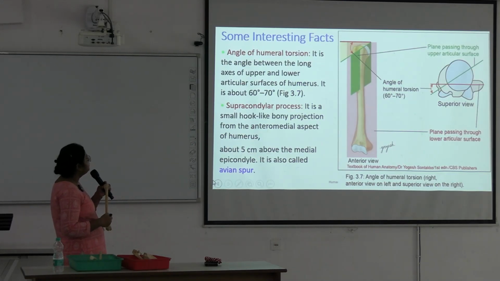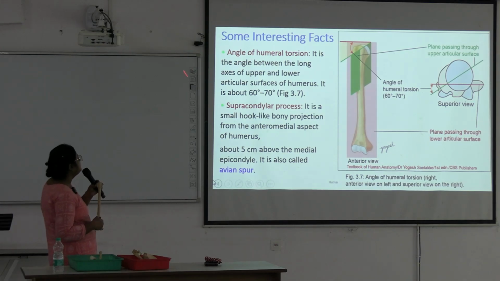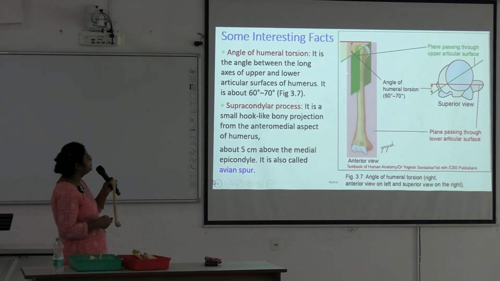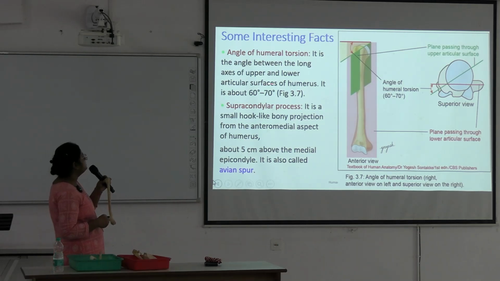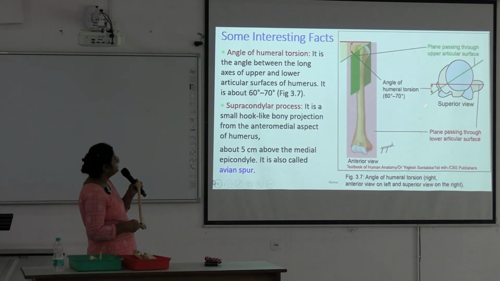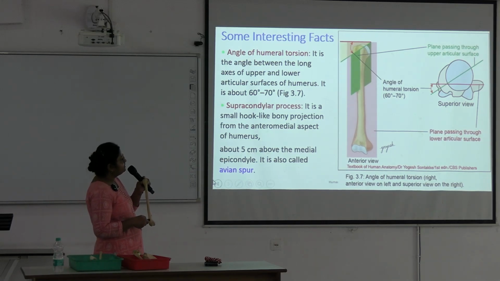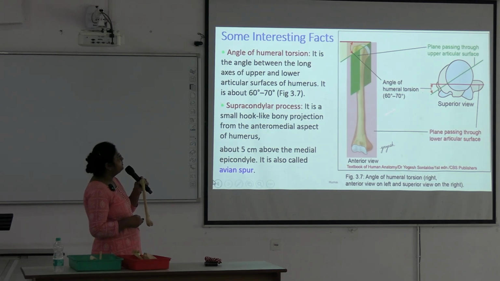These are some important things. Angle of humeral torsion. It is the angle between the long axis of the upper and lower articular surfaces of the humerus. It is about 60 to 70 degree here. Red one is the long axis of the lower end, and the green one is the long axis of the upper end.